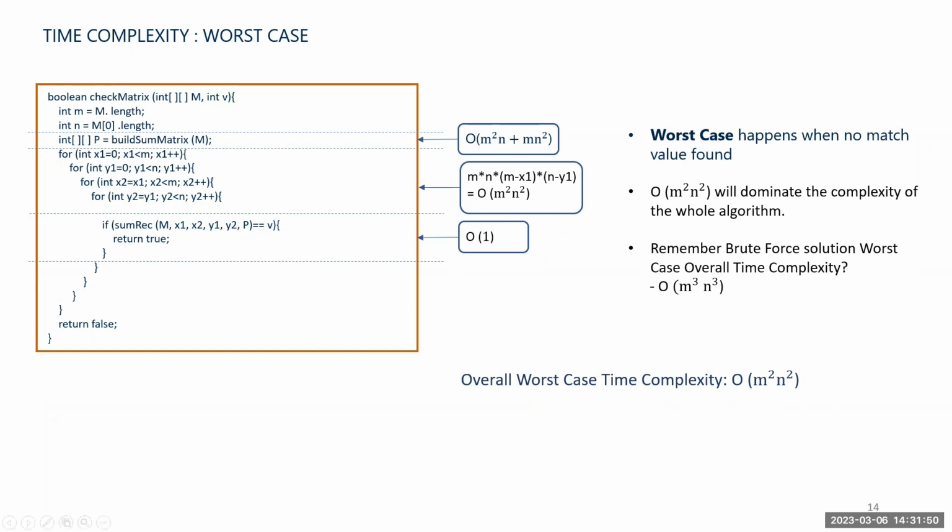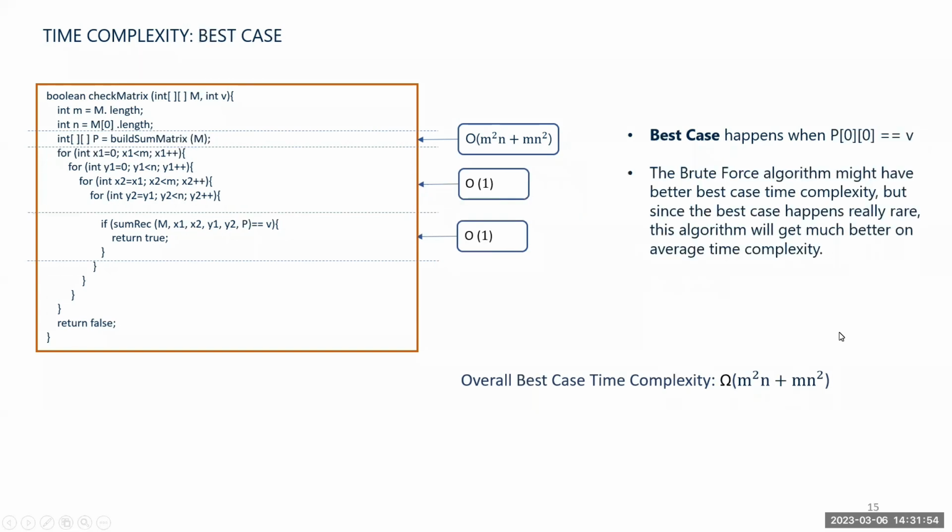So now we made some improvement from that. The time complexity for the best case: the best case happens when P00 equals V, so we found the value V at the very first cell P00. So this is the same, and for this one it just does not happen at all, it's just O(1) constant.